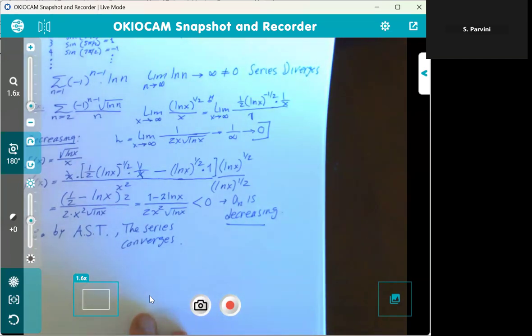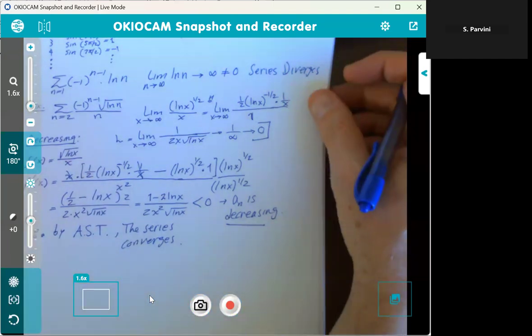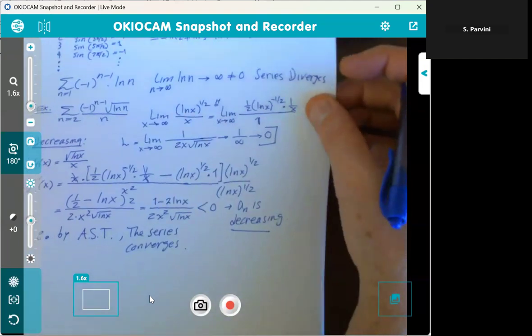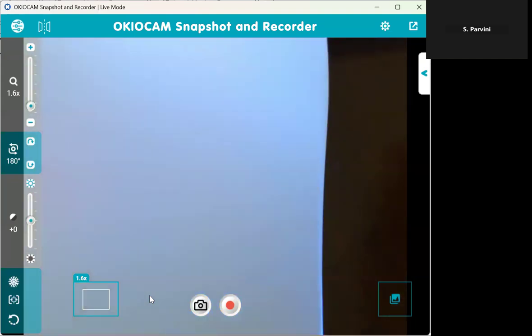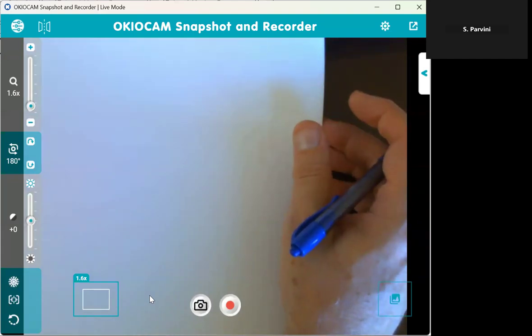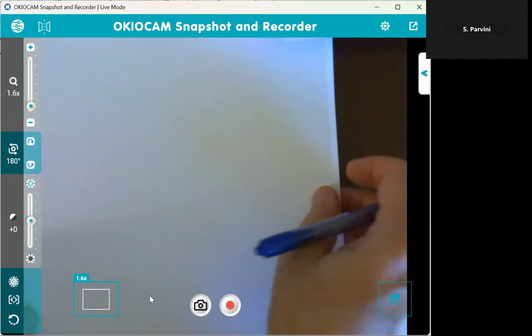Okay. Now, let me actually do an example with the errors. Okay, it's because we haven't done the error. We want to do error estimate in approximating an alternating series. So for that one, let's take a look at this series.